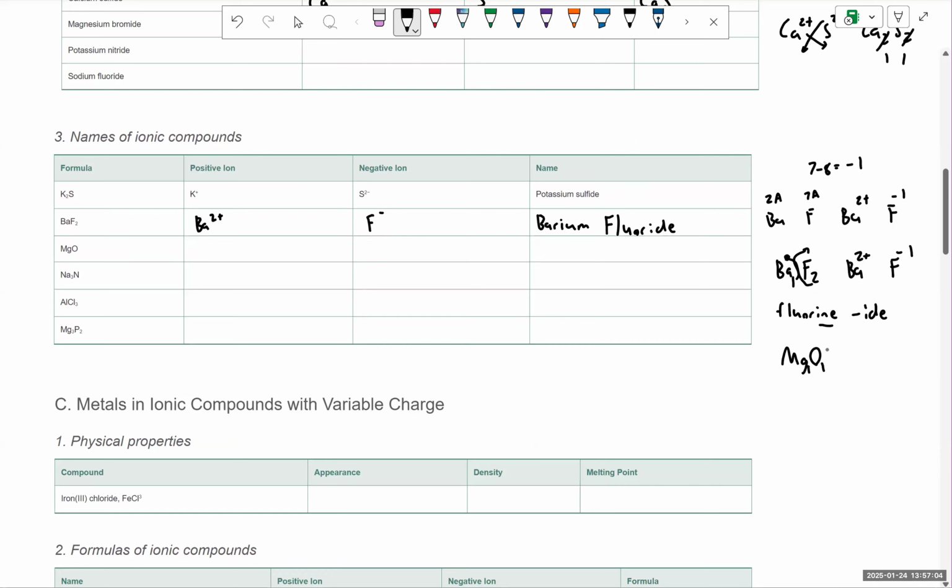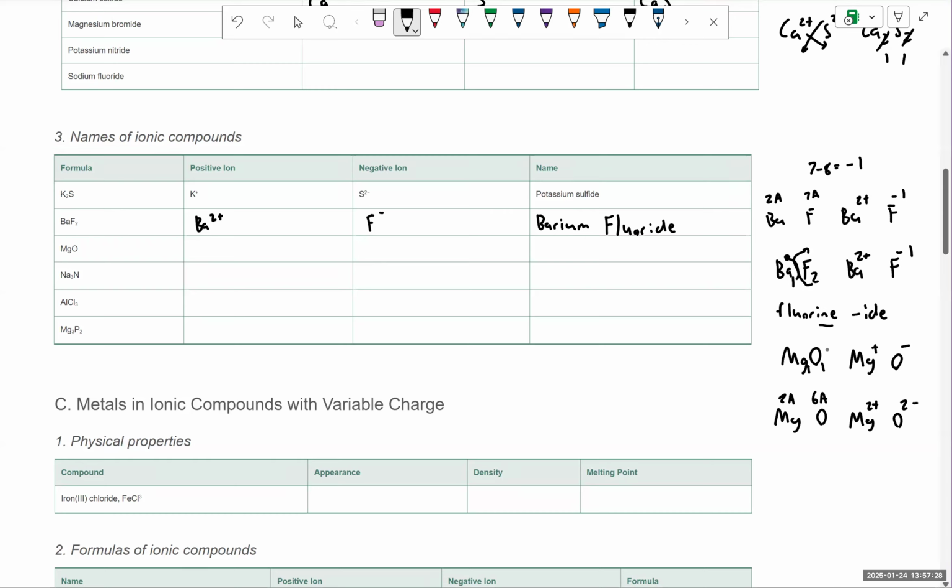If we were to take the subscripts and cross it up into the charge, we get Mg plus O minus. Now, we know that magnesium is a 2A element, and we know that oxygen is a 6A element. So we'd expect preferred charges of 2 plus for magnesium and 2 minus for oxygen.